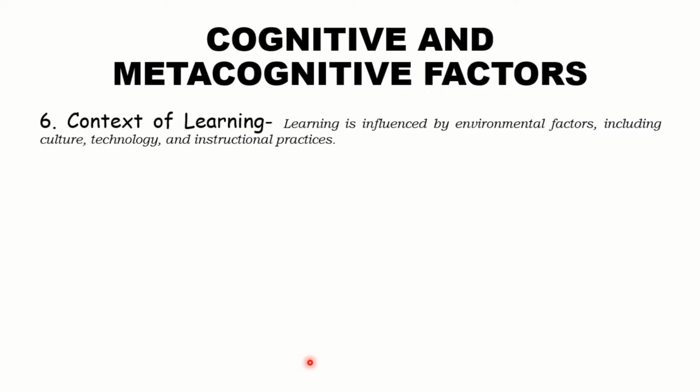So last but not the least, under the cognitive and metacognitive factors, is the principle of the context of learning. So learning is influenced by environmental factors, including culture, technology, and instructional practices. So, I want you to remember that learning does not occur in a vacuum.